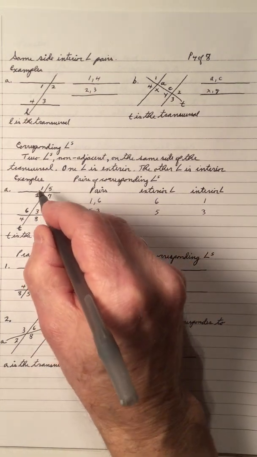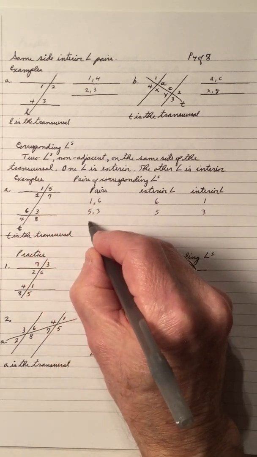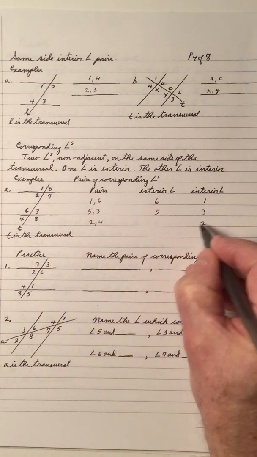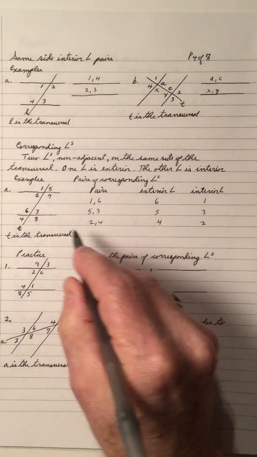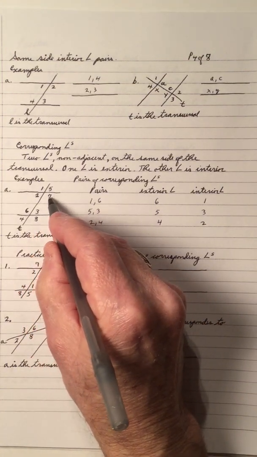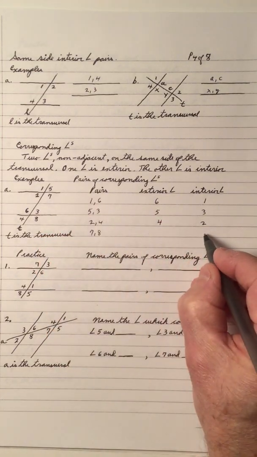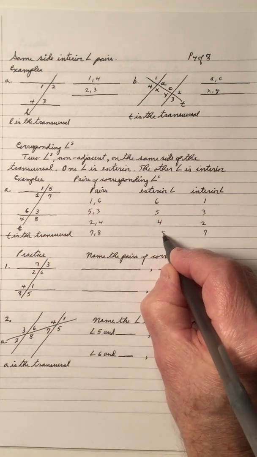And we also have 2 and 4. 2 is interior, 4 is exterior. And there's another pair, 7 and 8. 7 is interior, 8 is exterior.